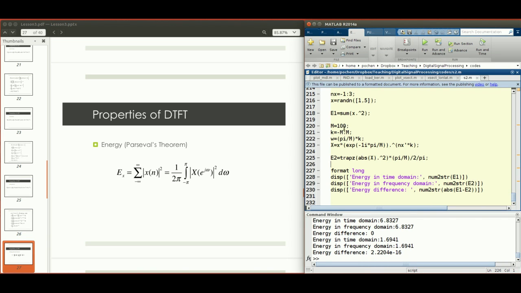If you reduce the number of samples, it's going to increase it. So if I change 100 to 50, now it's 10 to the minus 15th power. So the difference is increasing.